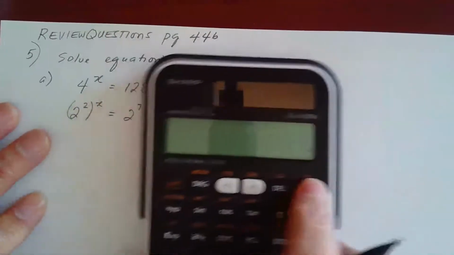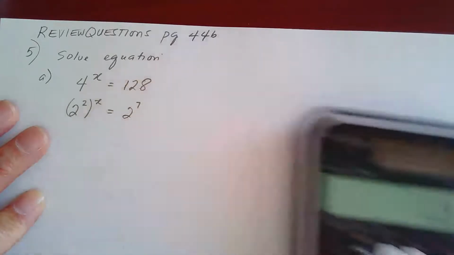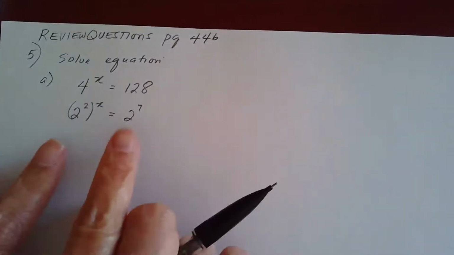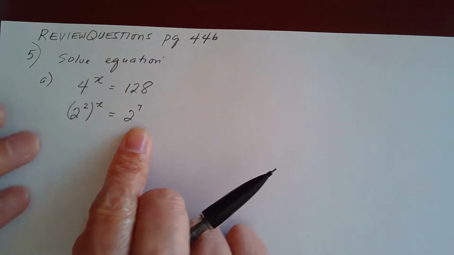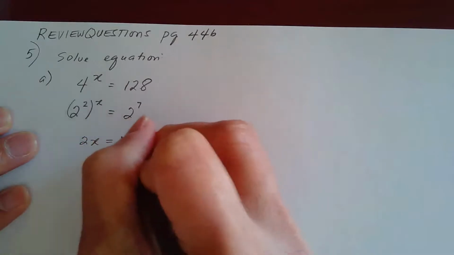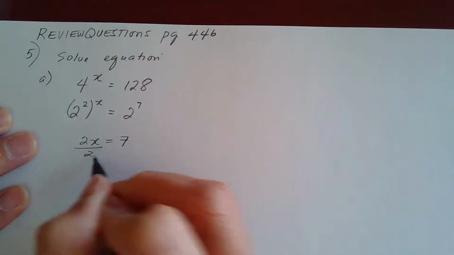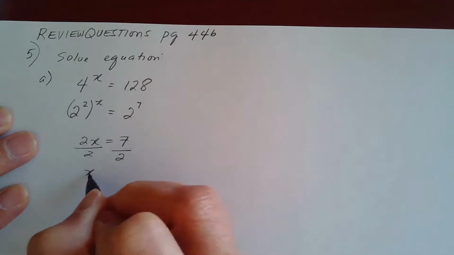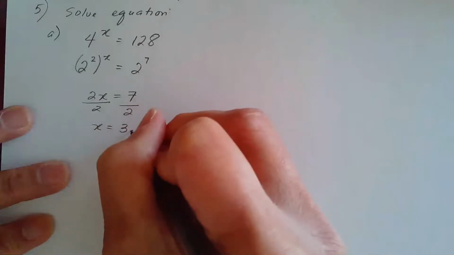So 2 to the exponent 7 is 128. Now that they have the same base, we can figure out just the exponent. So that means 2x equals 7. Solving for x, divide by 2, divide by 2. So x equals 7/2, which is 3.5.